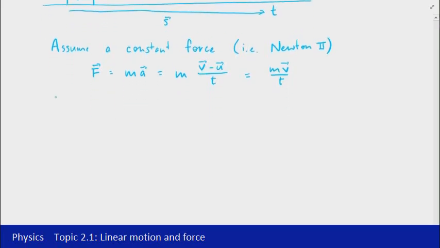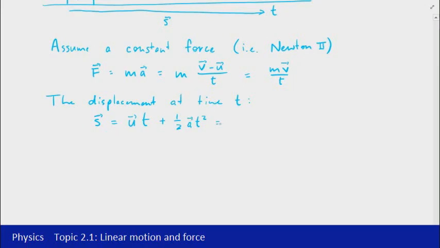If we think about the distance, or the displacement I should say, at time t, we can use equations of motion for that. And hopefully you can see the reason why we're doing this. We've figured out another expression for force, we're now looking at another expression for displacement, so we can figure out the work that's done by multiplying these two together. So first of all we've got s equals ut plus half at squared.